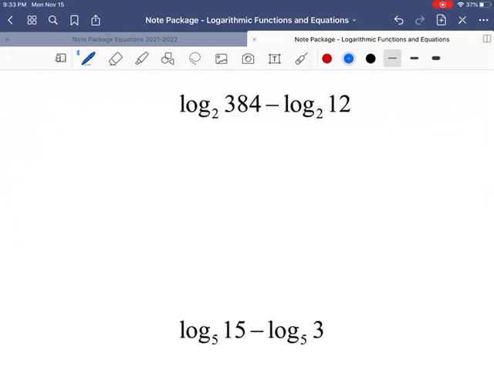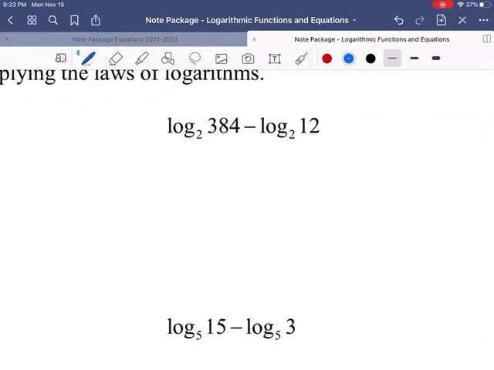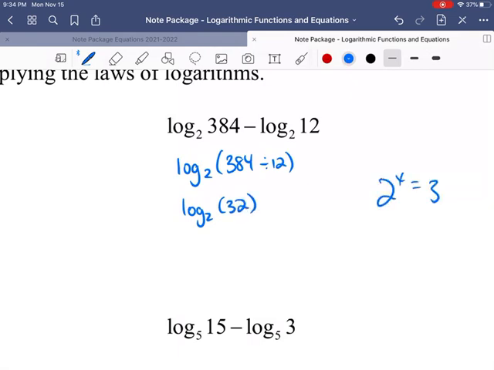All right, I'm subtracting logs with the same base, so this is the quotient rule. So I can create a single logarithm, base 2, and 384 divided by 12. Well, 384 divided by 12 simplifies to 32. So I get log base 2 of 32. So what exponent with base 2 gives us 32? And that exponent is 5. So our answer here is 5.